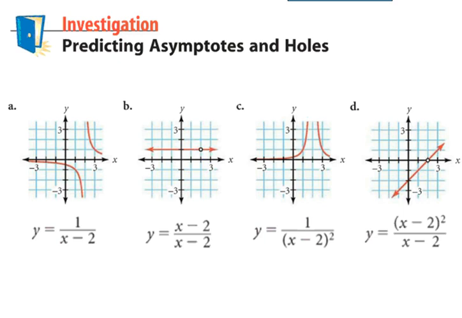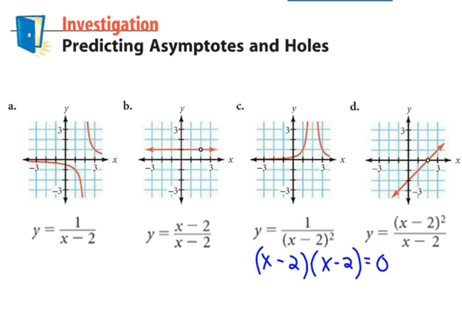Part C, we have y equals 1 over (x minus 2) squared. Let's start with the vertical asymptote rule again. Find the root of the denominator. Well, (x minus 2) squared is (x minus 2) times (x minus 2), right? So we set that equal to 0 and solve for x.